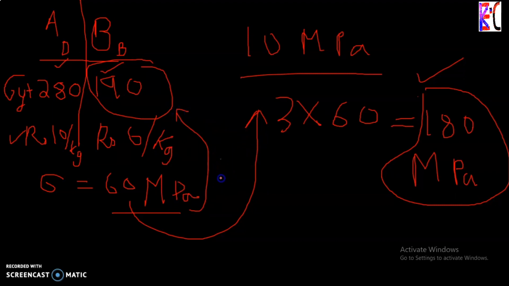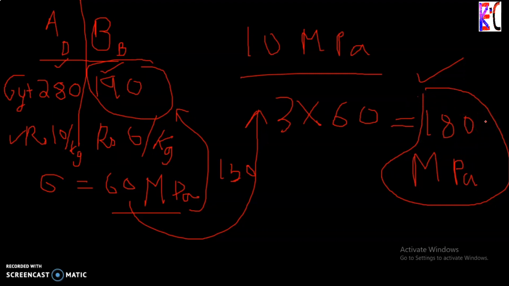That means it will be 130 megapascal and it's 10 megapascal. So what I want to mean, if I consider in terms of sigma, that is the applied stress, the force.